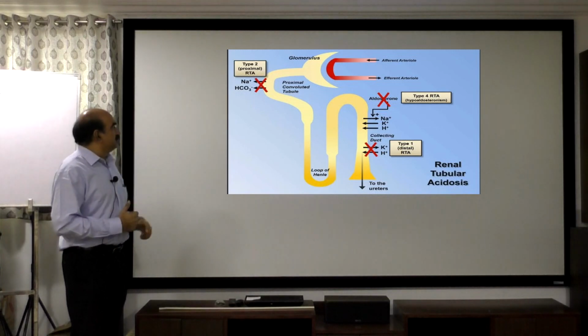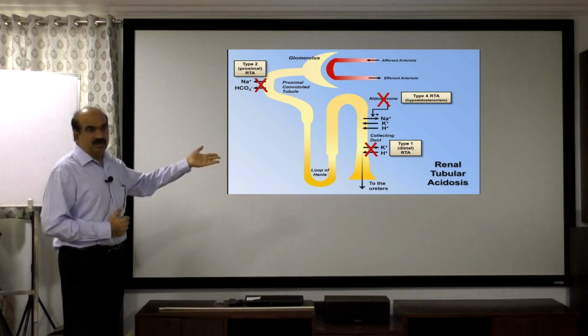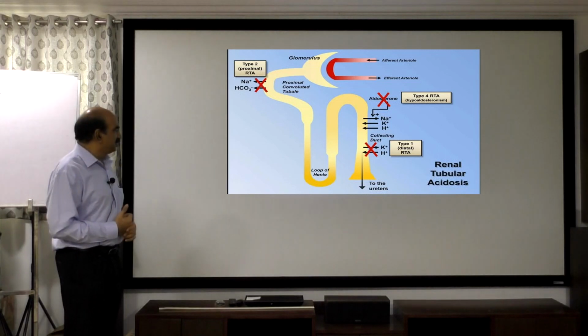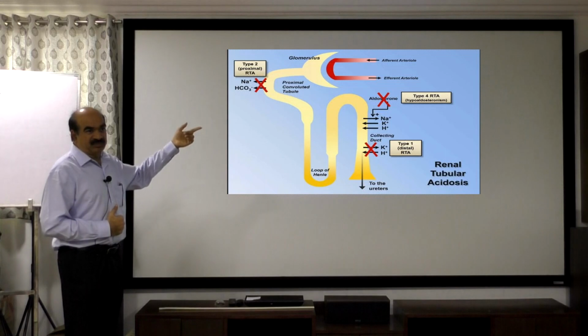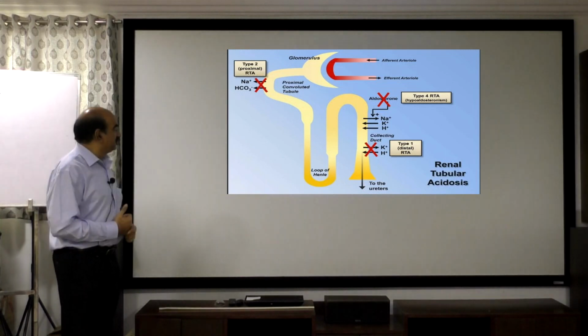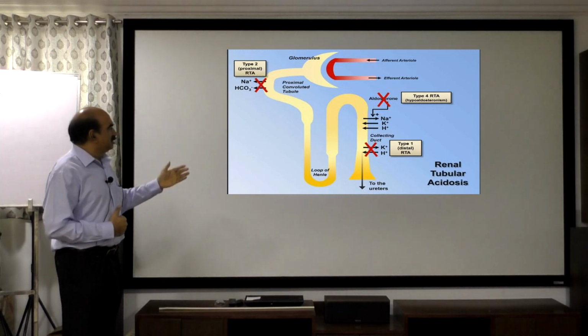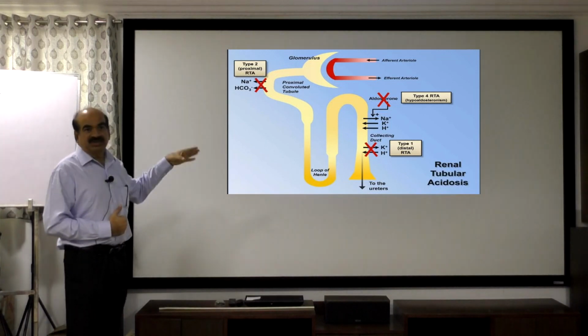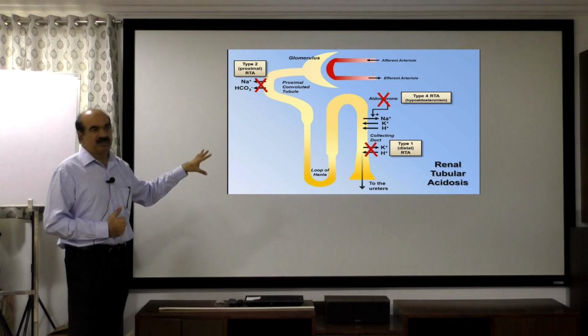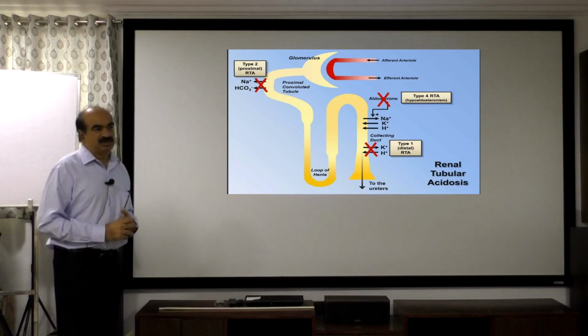In distal renal tubular acidosis, potassium loss and hydrogen ion accumulation. In type 4, aldosterone deficiency, or mineralocorticoid receptor resistance, again hydrogen ion accumulation. All these conditions cause normal gap metabolic acidosis.